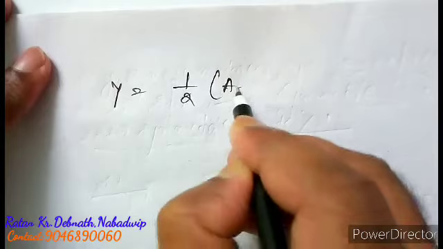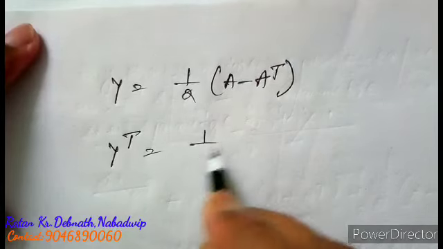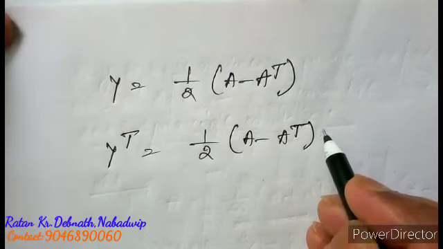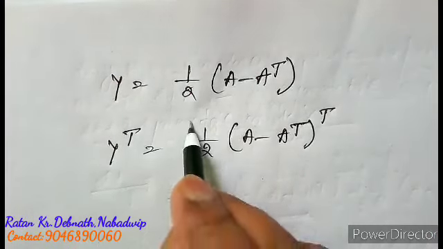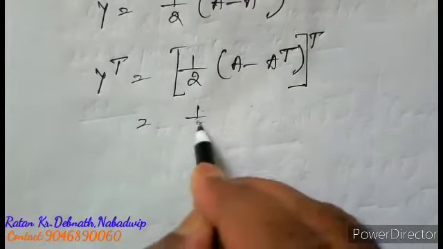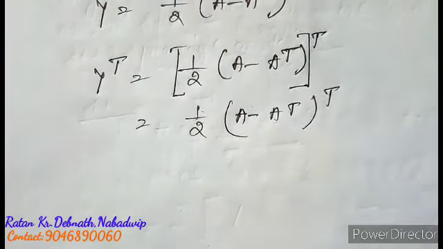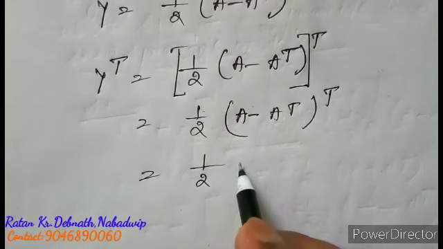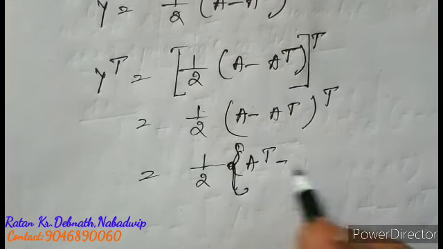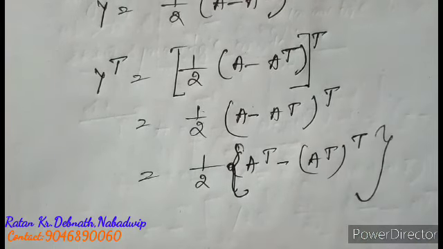Now Y equals half of (A minus A transpose). Y transpose equals half of (A minus A transpose) whole transpose, that is half of (A transpose minus transpose of A transpose).